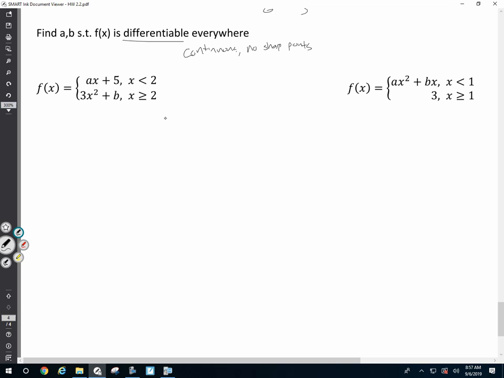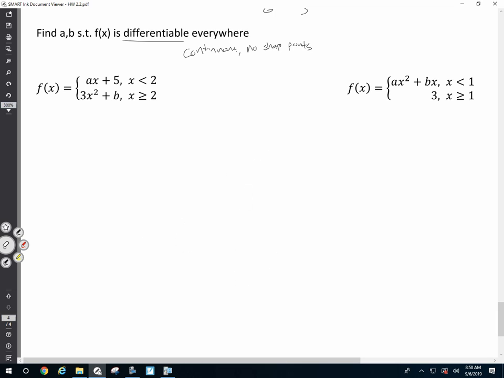We have these piecewise functions. Not only do we need to ensure that they meet up, this ax plus 5 and this 3x squared plus b, so that they're continuous, similar to what we did last unit, but they need to meet up in such a way that they form a very smooth connection so that there's no sharp point at this location.